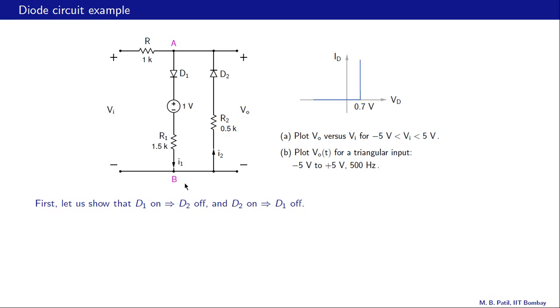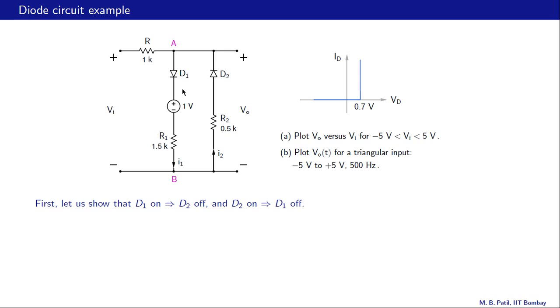Let us suppose that the diode D1 is conducting. In that case, as we go from A to B, we have a voltage drop of 0.7 volts across D1, then this voltage drop of 1 volt, and after that we have a positive voltage drop across R1 because this current I1 can only be positive since the diode can only conduct in that direction.